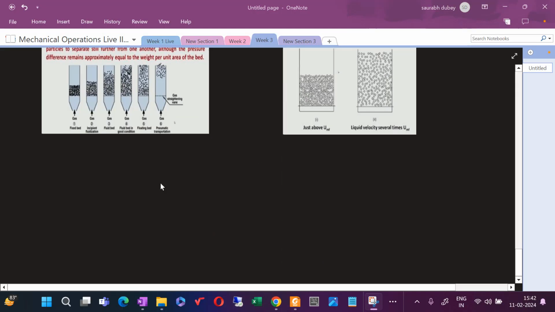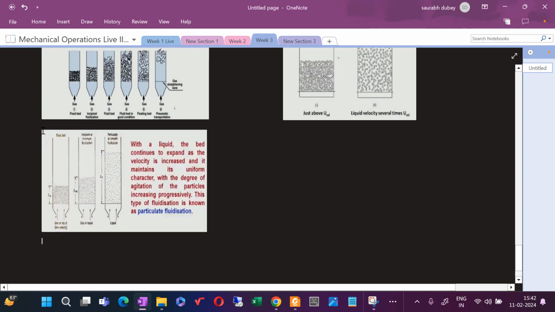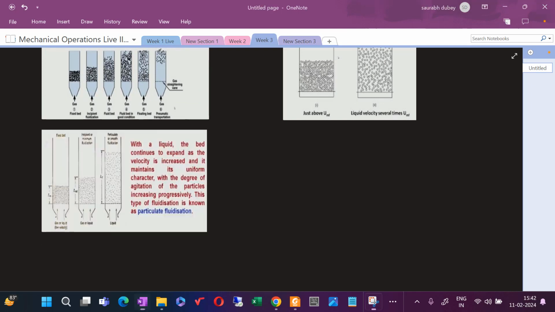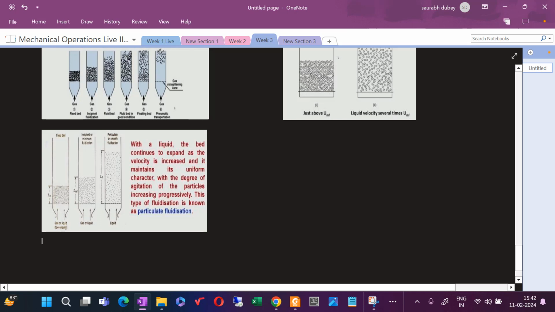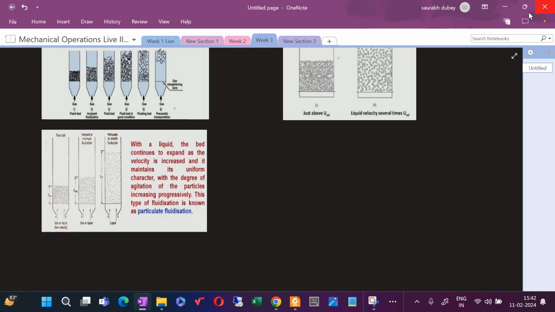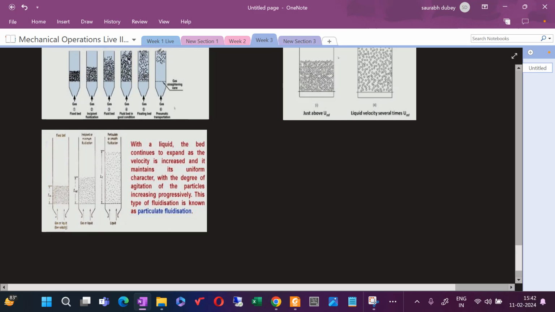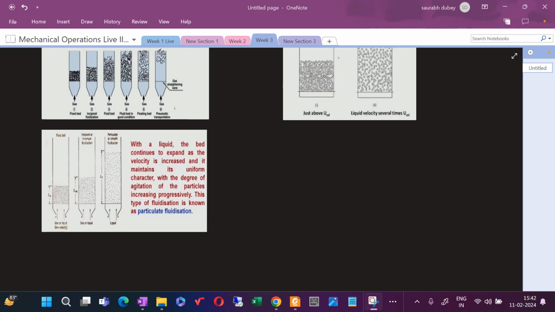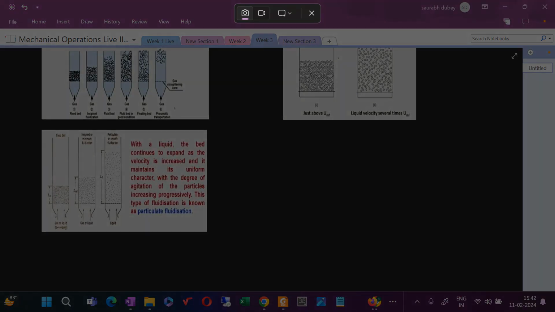Then you will be able to tell what is actually happening. So this is the case of particulate fluidization, and aggregative fluidization is also another aspect. About that also I will be telling you, and then we will compare this.